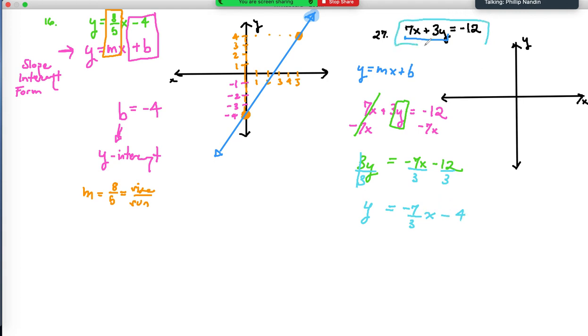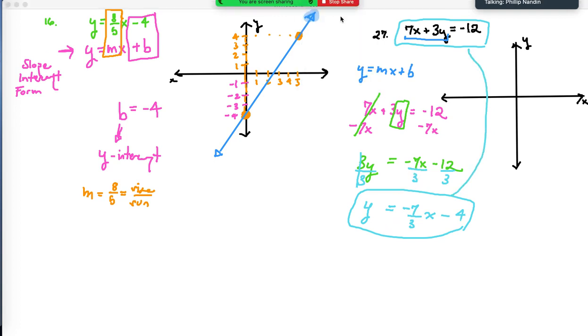These two equations contain the same information, they're just represented differently. This one at the bottom is in the form y equals mx plus b, slope-intercept form. And now I can graph it.